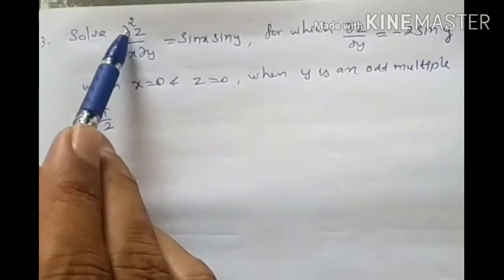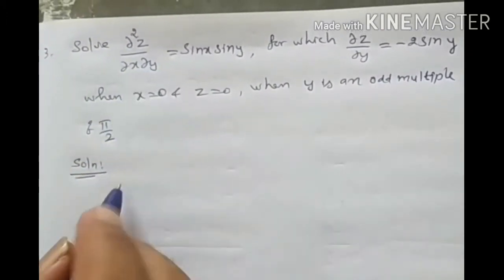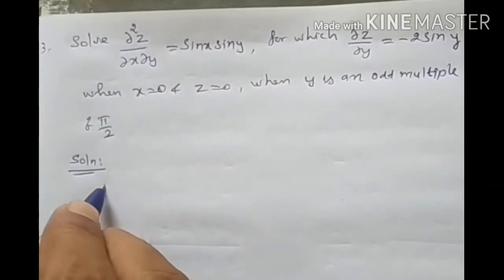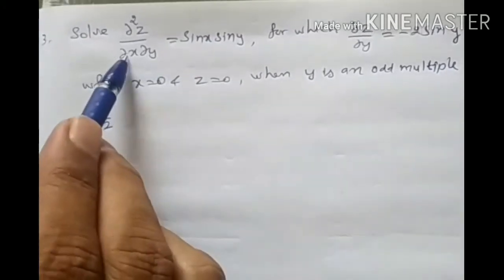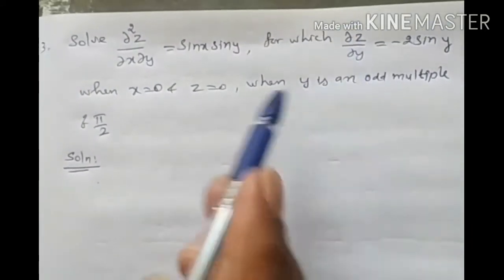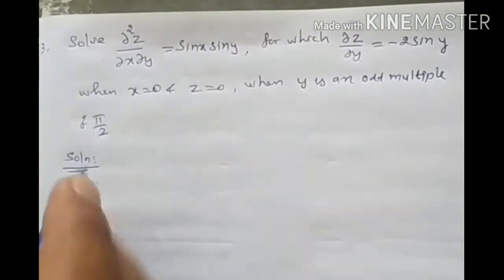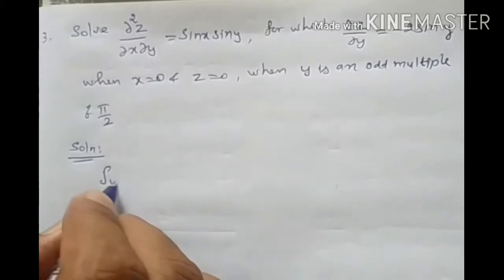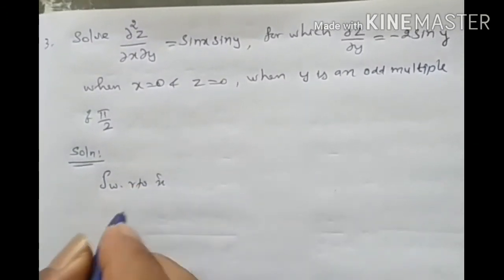So here ∂²z/∂x∂y is there. First we integrate with respect to x. Sometimes we can do the reverse process also. So here ∂z/∂y is there, so first we eliminate the x from this one, integrating with respect to x.